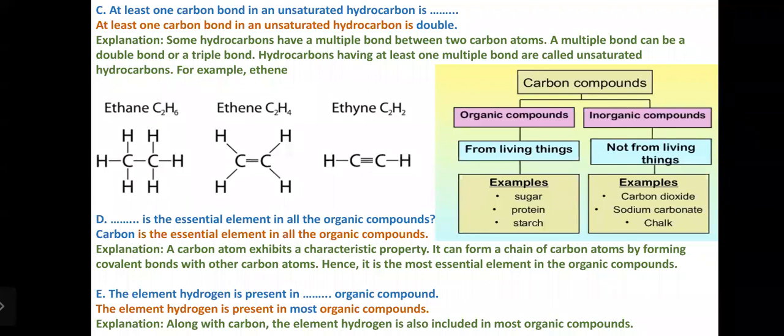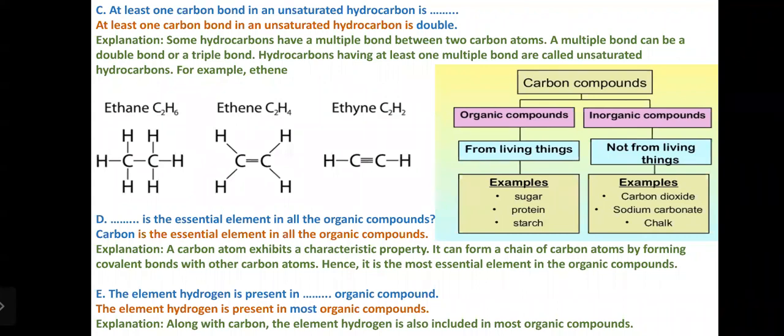For example, ethene, in which there exists a double bond between carbon and carbon atoms. As we see in the molecular structures given below, ethane C2H6 has a molecular structure in which there is a single bond between carbon and carbon atom and single bonds between carbon and hydrogen. So all the bonds in ethane C2H6 are single bonds; hence it is an example of a saturated compound.